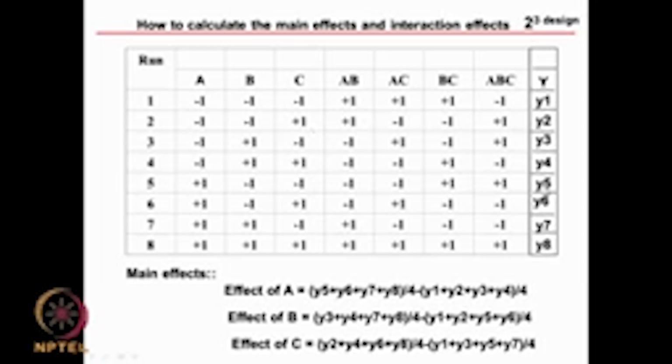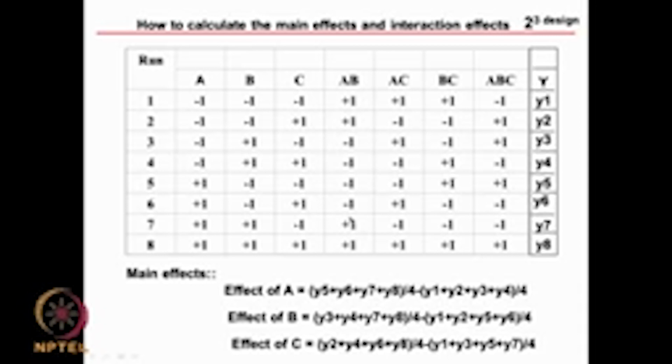So, we take y2, y4, y6, y8, divide by 4, minus the 4 minuses, y1, y3, y5, y7, divided by 4. So, this tells you the main effect.